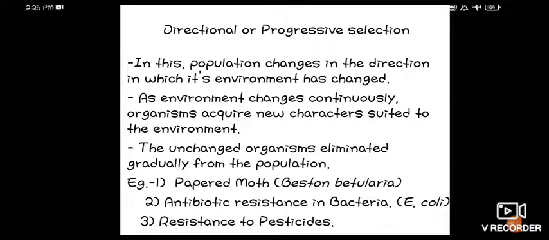Now, the second one, antibiotic resistance in bacteria. E. coli is a bacterial strain found in the colon of humans. The scientists Cavalli and Maccacaro, in 1952, experimentally proved that E. coli developed resistance to the antibiotic chloramphenicol about 250 times more than a normal bacteria.